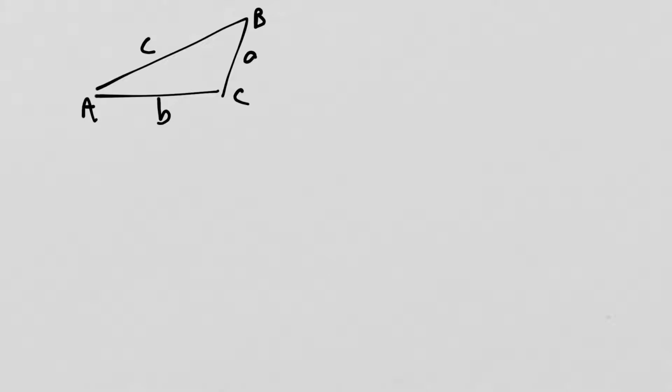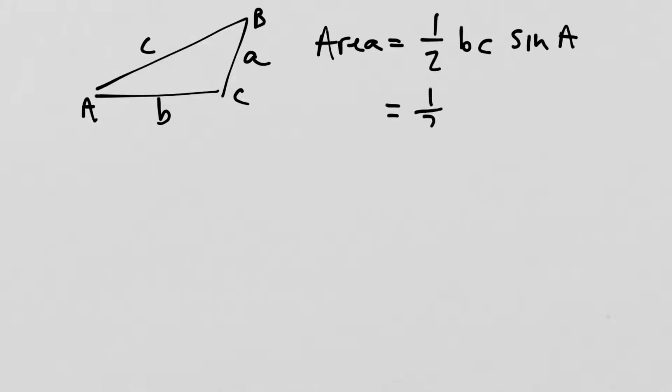All right, so if we have a triangle, let's call this triangle A, B, and C. And then we'll say this is lowercase b, lowercase c, and lowercase a. The area of a triangle, very similar to the law of cosines, is going to equal 1/2 side B, side C, and then sine of angle A. Or it's going to be 1/2 side A, side C multiplied together, just like 1/2 base times height, kind of.